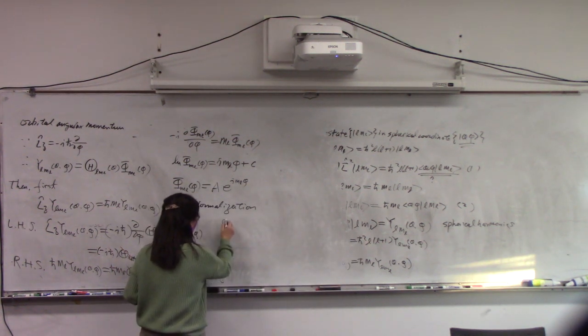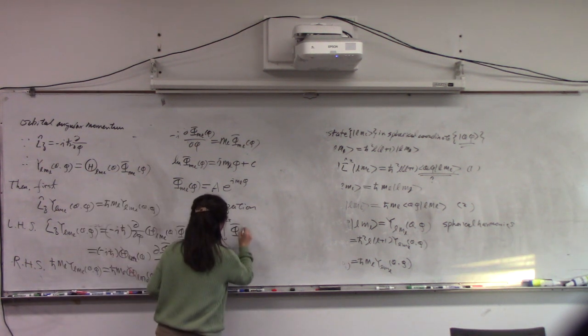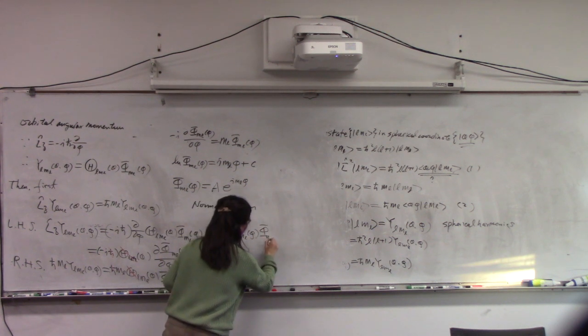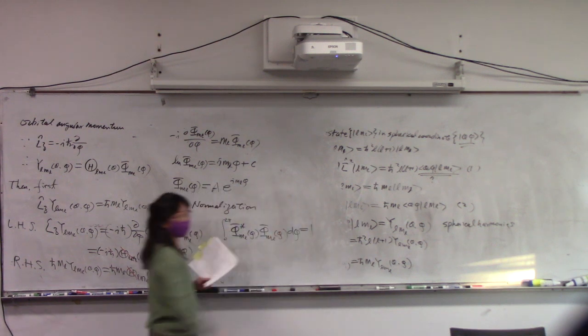So from 0 to 2 pi, the integral of the conjugate times the function is equal to 1, right?